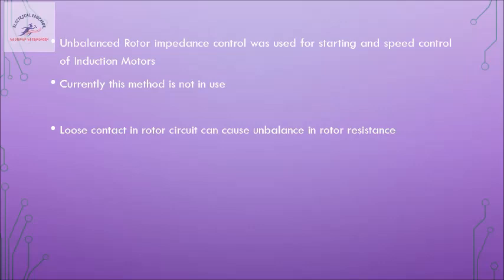If the rotor current is reducing in one phase, it will create an imbalanced rotor current, what we call I2' in our equivalent circuit. So this unbalanced rotor impedance will lead to unbalanced rotor current.